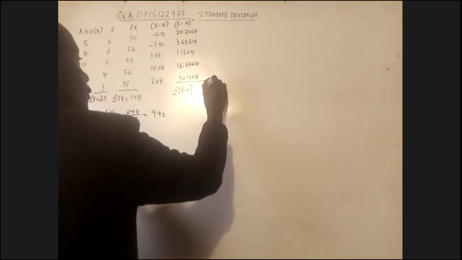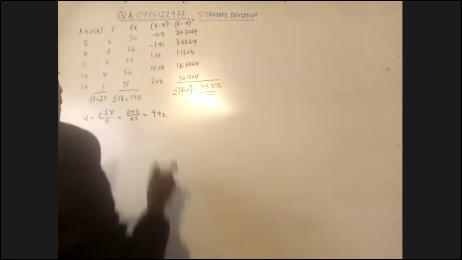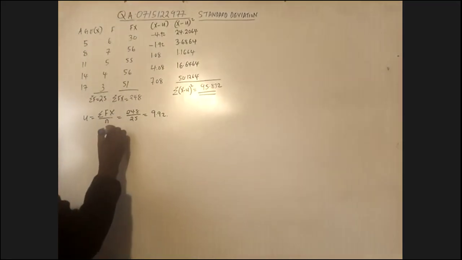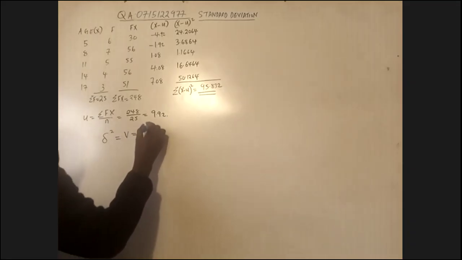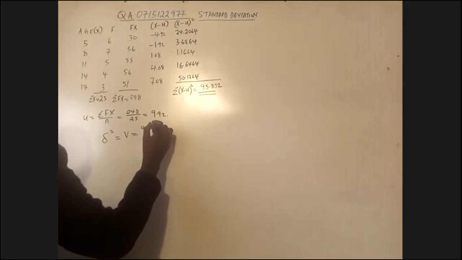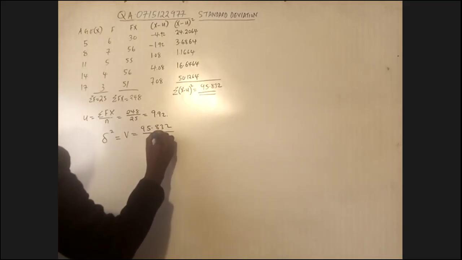So the total is 95.832. Now, this is the variance: 95.832 divided by the total frequency, 25.